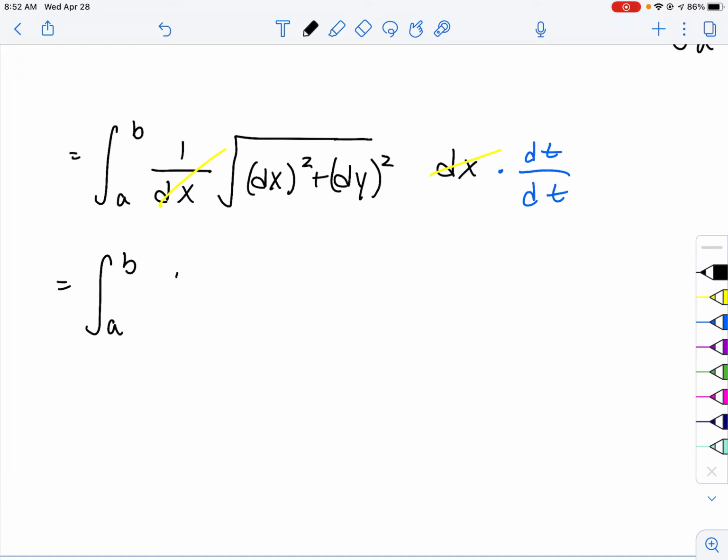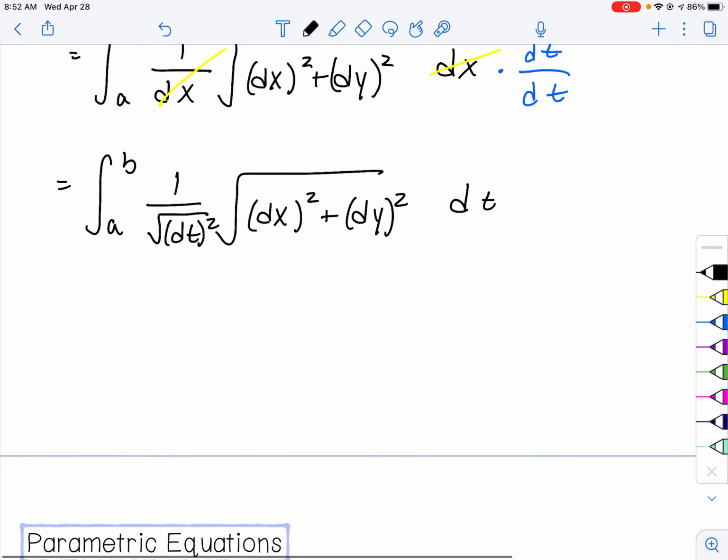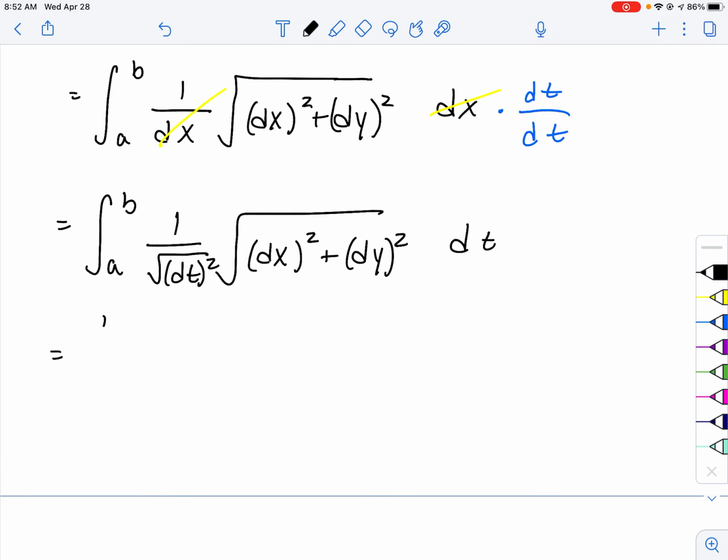I'm going to leave this alone for right now. The bottom dt I can write as the square root of dt all squared. Because it's inside of a square root, I can distribute it through.